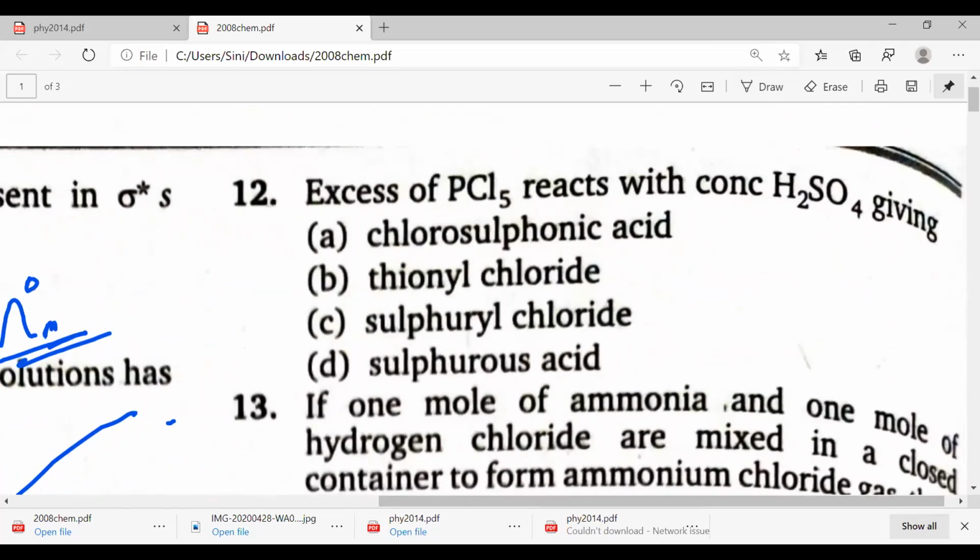This is already there in your chemistry lab also. Excess of PCl5 reacts with conc. H2SO4 giving which one in this? How many of you do not know this? If anyone does not know this, let me know.